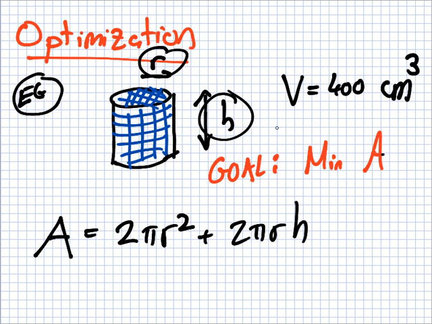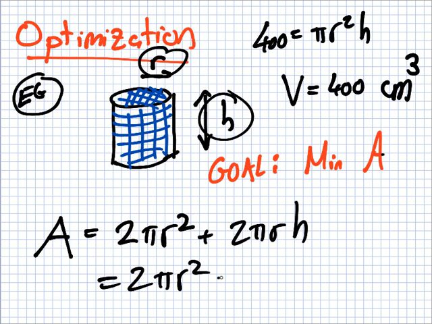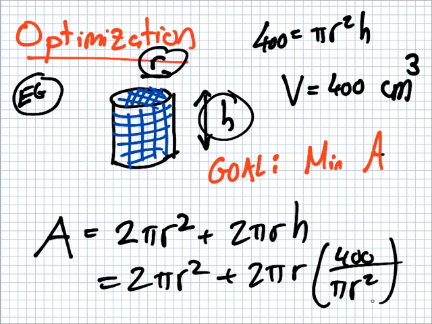Get h in terms of r? Yeah, well, you know here that the volume, 400, should equal pi r squared h. So which is easier to get out from this formula, r or h? H. Yeah, you can see, what does h equal? 400 over pi r squared. So you can change this into 2 pi r squared plus 2 pi r times 400 over pi r squared.